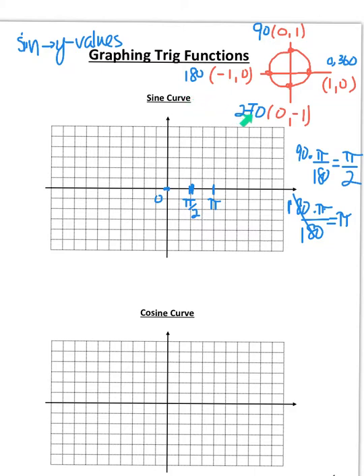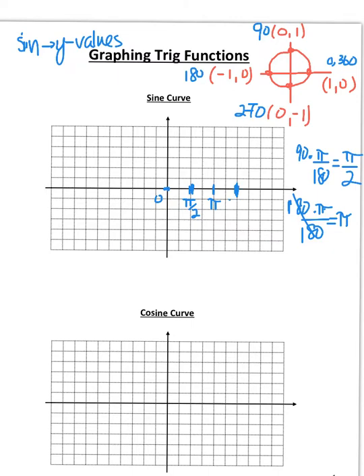And again, we're going to want to change 270 to radian measure. Now I'm not going to show you that one, but we're going to take 270 and multiply it by pi over 180 and reduce it, just like we did with the last one. So you can stop me for a minute and work that out and see what you end up getting.